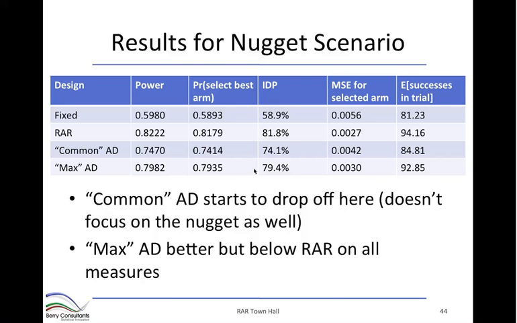The common arm drop doesn't really get all that close to RAR on here. But doing the arm dropping on the basis of the max does a lot better. So you can certainly see that max-based arm dropping is worse than RAR, but it's far better than doing what we'll call the common arm dropping scheme. And again, this is entirely an issue of matching design goals to design choices.